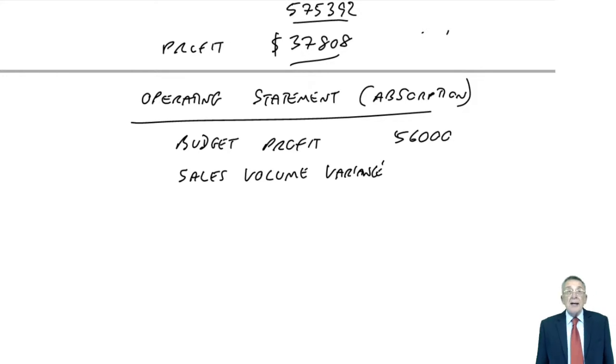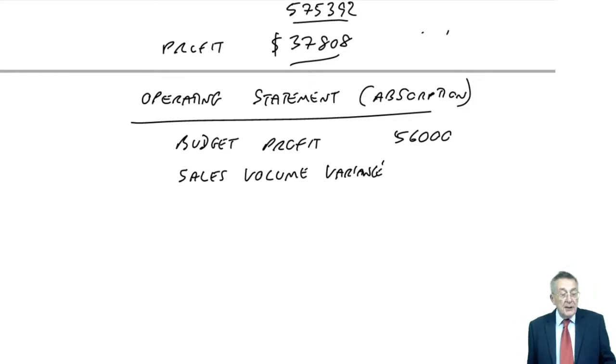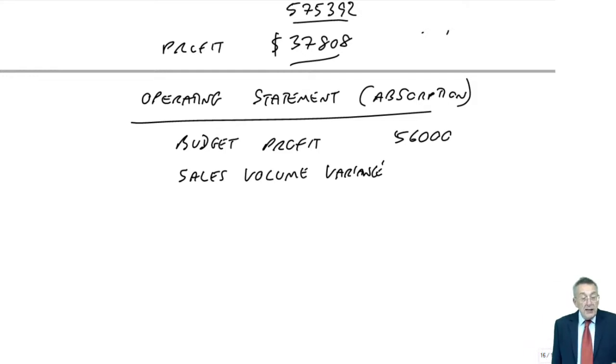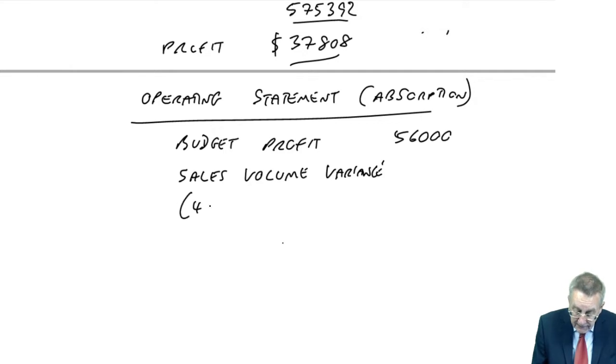And the sales volume variance, just like we did last time, we say, well, how many units did we sell? 8,400. How many units did we budget on selling? 8,000. We've sold 400 more units.